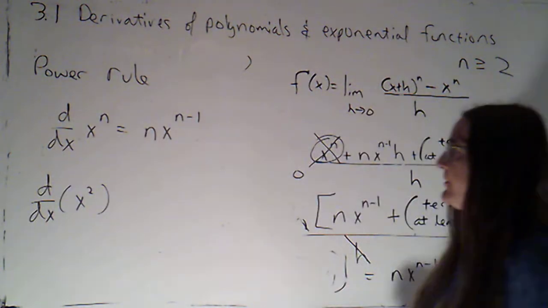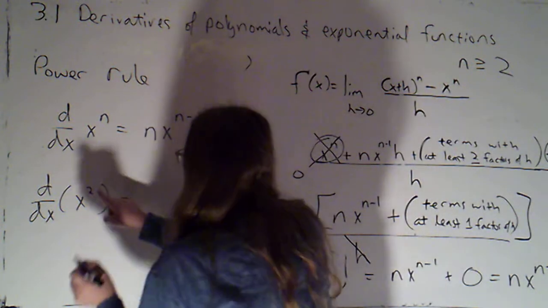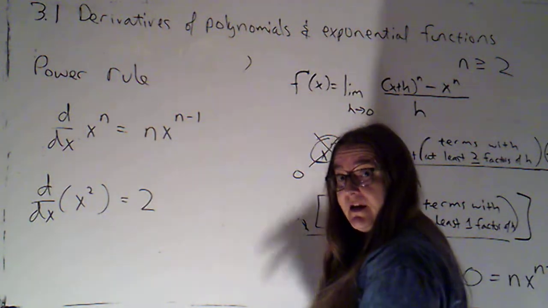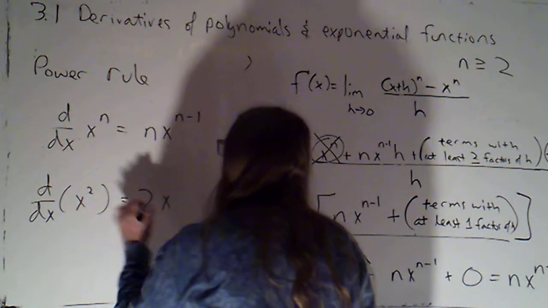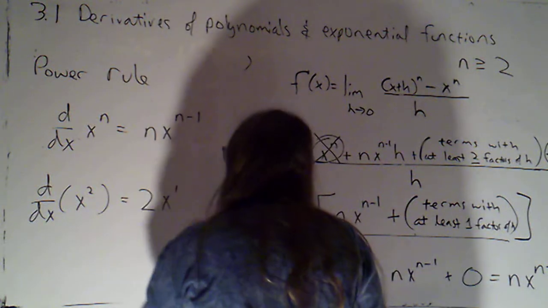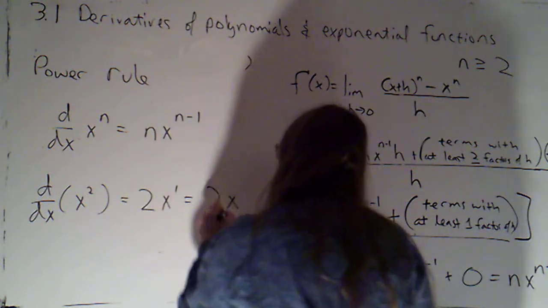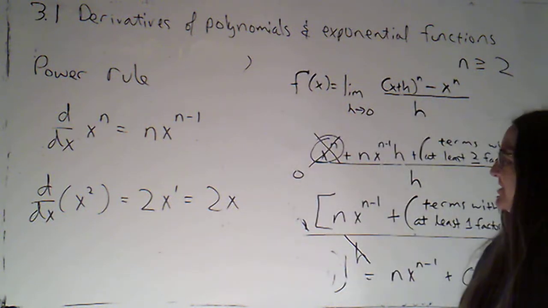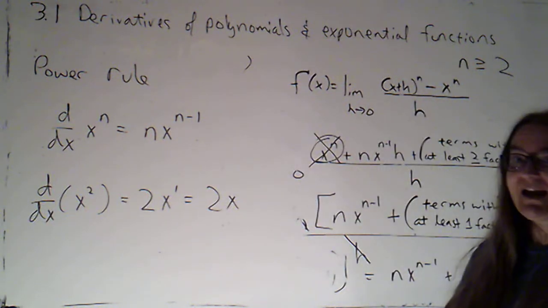Notice that's a power function. So I can say, okay, I take that power, I bring it down and it becomes a coefficient. And then I multiply that by x to the 1 less power. But 1 less than 2 is just 1. That's 2x. That's a result we've seen before. The derivative of x squared is just 2x.